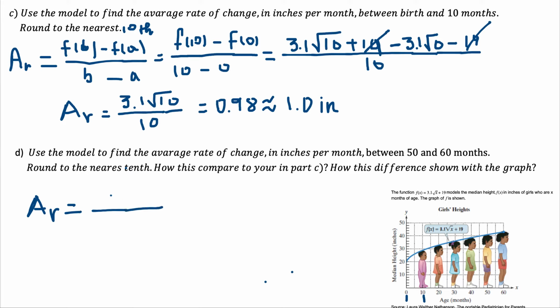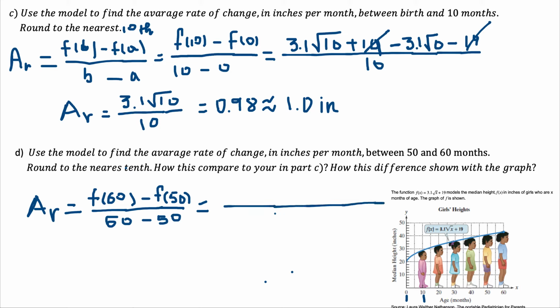So now whatever we have here, I'm going to plug in f of 60 minus f of 50, and this is going to be divided by 60 minus 50. It's very obvious it's going to be 10, but let's write it down. 60 minus 50. So let me calculate here very quickly, because on the lower side here is going to be 10. 60 minus 50 is 10.